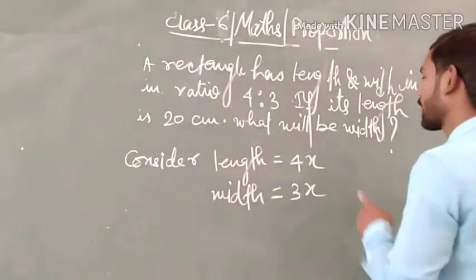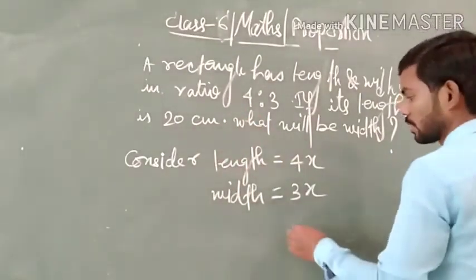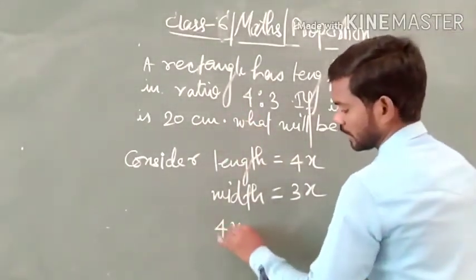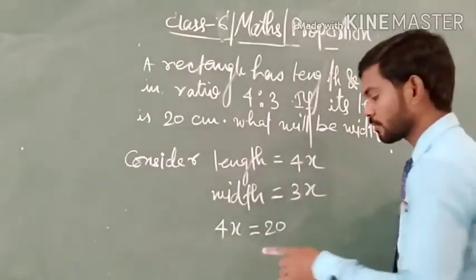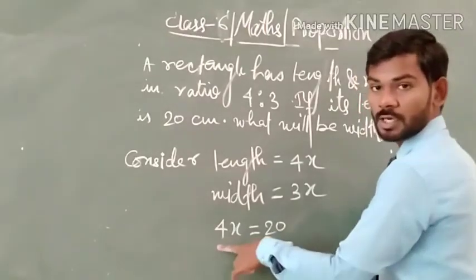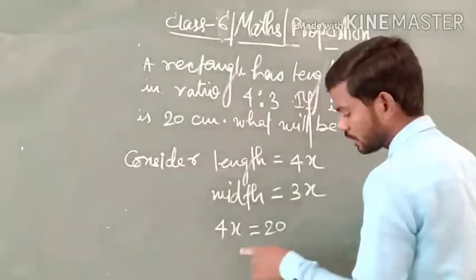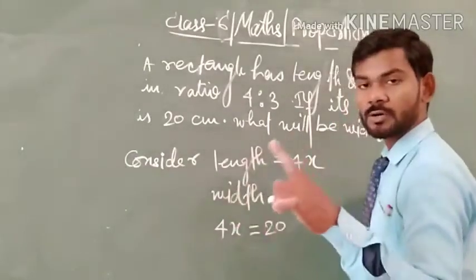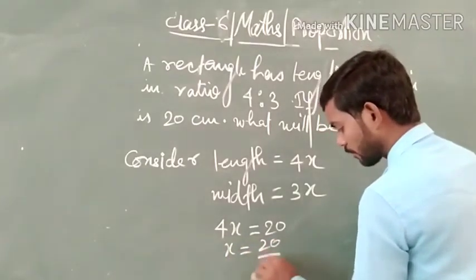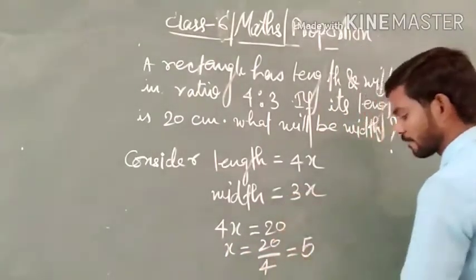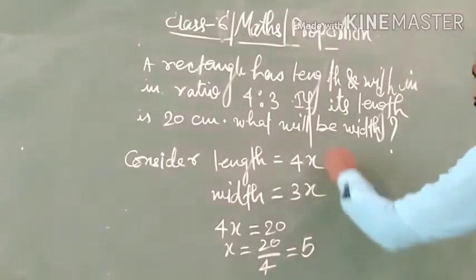Since it is given that the length is 20 centimeters, it is obvious that 4x is equal to 20 because the value of length is given. So from here we can find the value of x, that is, x is equal to 20 upon 4, which is equal to 5. Therefore, the value of x is equal to 5.